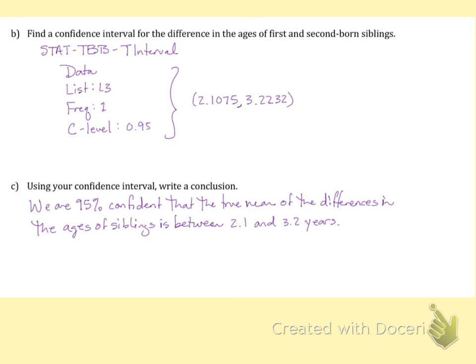We do have an upper limit in our confidence interval of 3.22, but remember, we don't know where the true mean is, so the true mean could be 2.1. We're not really sure. We're just 95% confident that it's between these two values, which means that our sample does not support the conclusion that parents are waiting longer than 2 years to get pregnant.